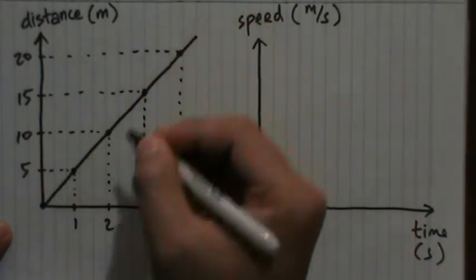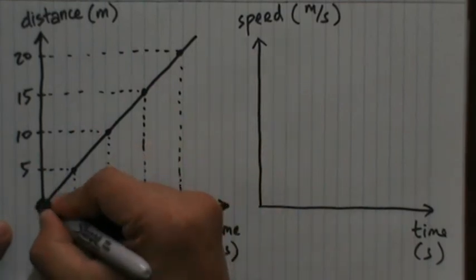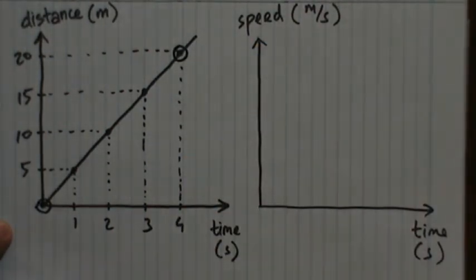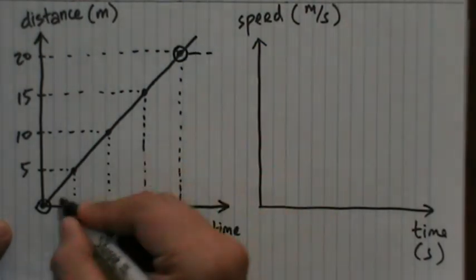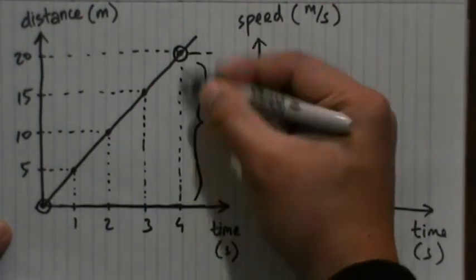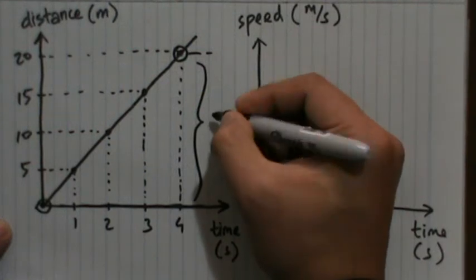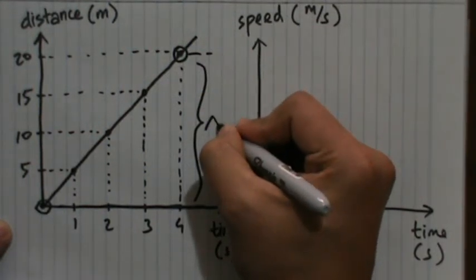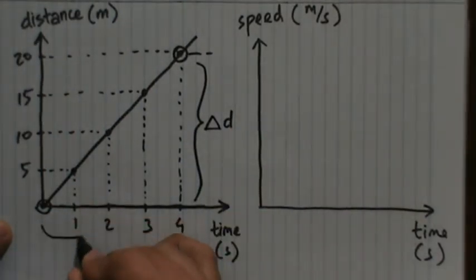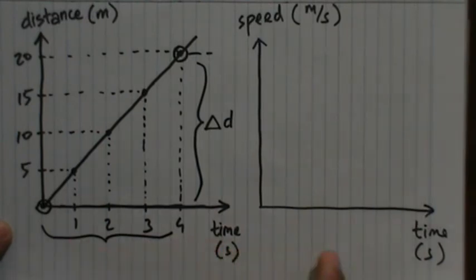Let's say you have 2 points here. This is the first one, and this is the second one. From the difference in the vertical direction, we can say this is delta D. And the difference in the horizontal direction, let's say this is delta T. You can calculate the value of the speed.